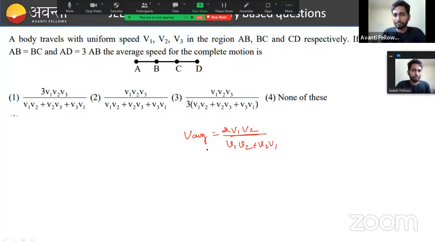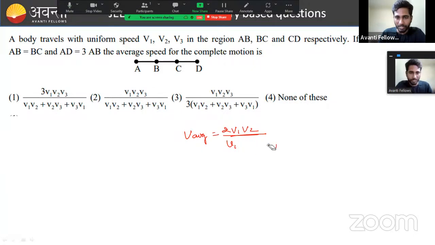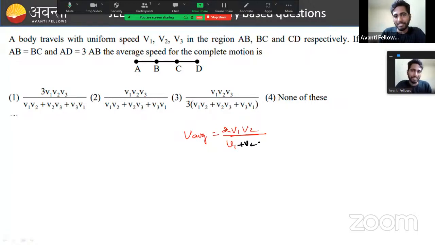For three velocities, sorry, this is v1 v2 v3, right? v1 plus v2. Exactly, sorry. Mistakes happen, we are also human, but don't make these mistakes in your exams. Don't make these mistakes in the exam hall.